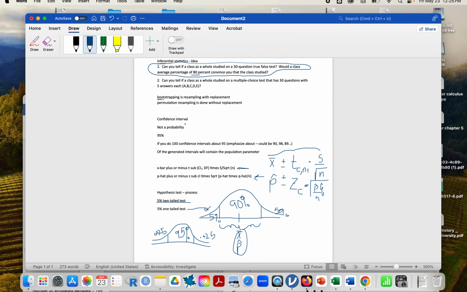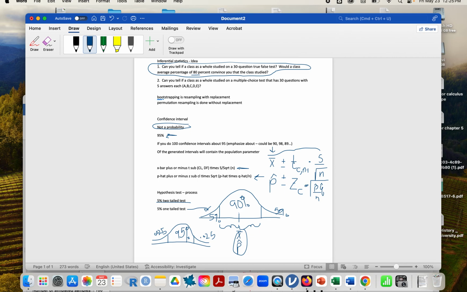It's not a probability. If we have the 95% confidence interval, or we're trying to find that, basically it's an interval. The formula for the interval is x bar or p hat, the sample value, plus or minus a multiplier.